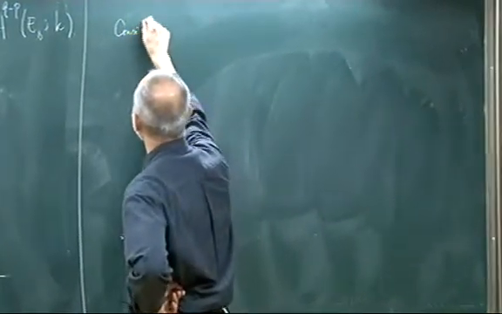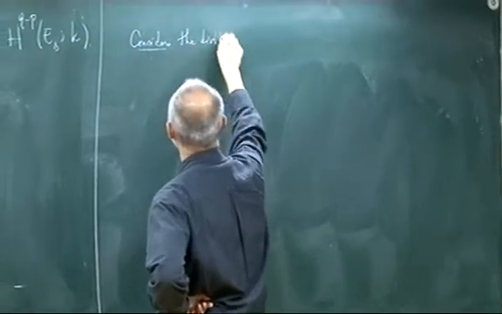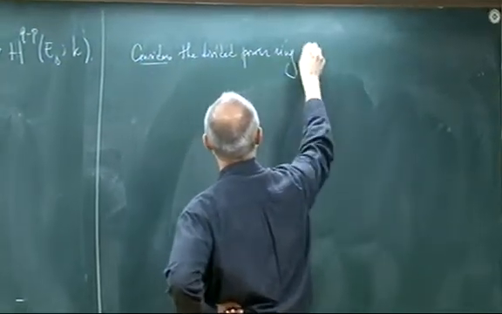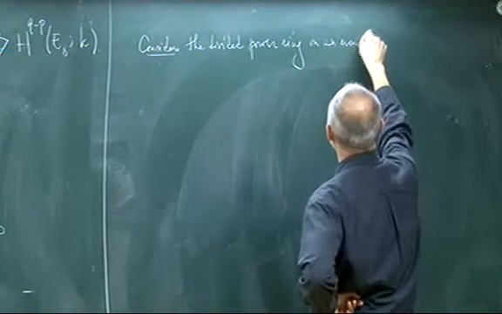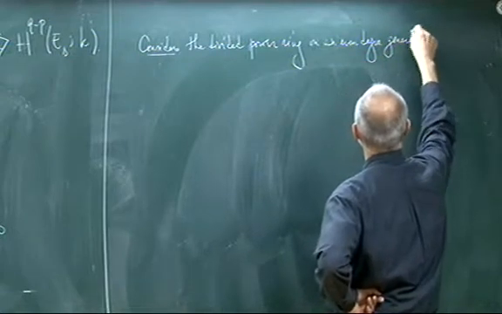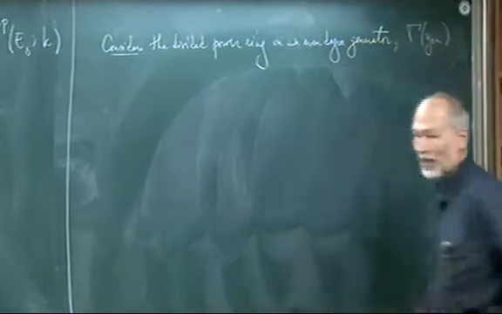I thought it would be fun to show you some calculations of things with this. So let me remind you, consider the divided power ring on an even degree generator, gamma y_2n.